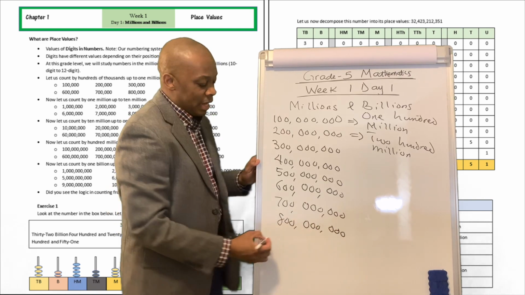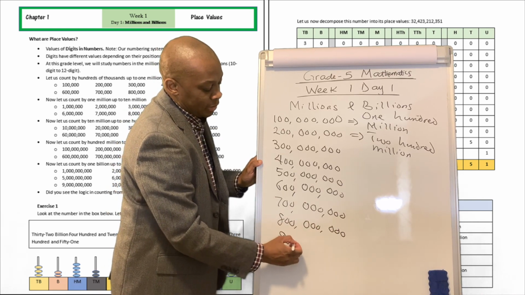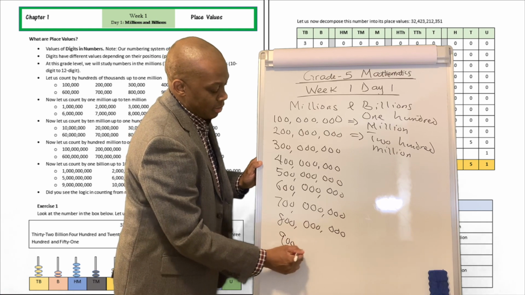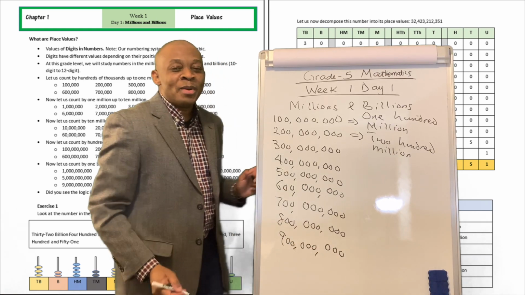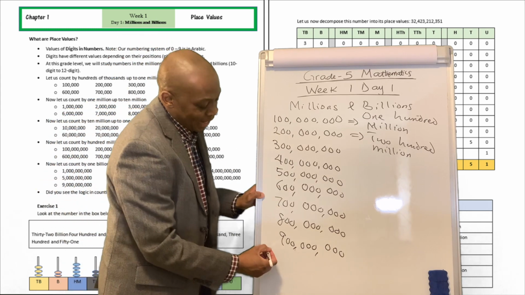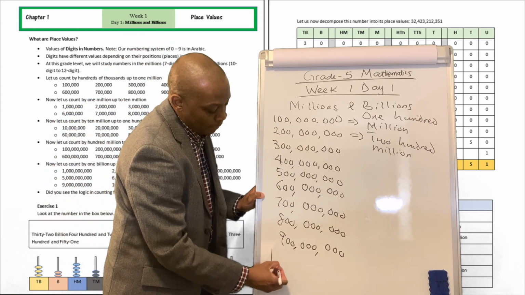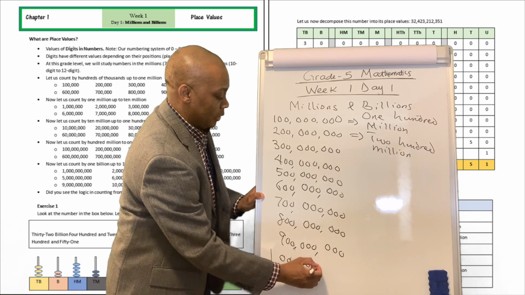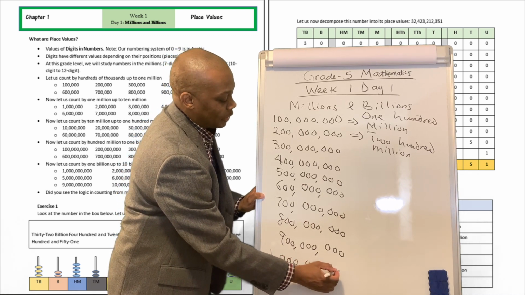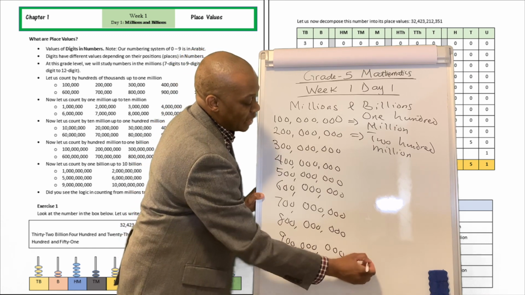All right, what about 900? 900. And then what about a billion? Right, so a billion is going to be 1,000,000,000, and this gives us, guess what?